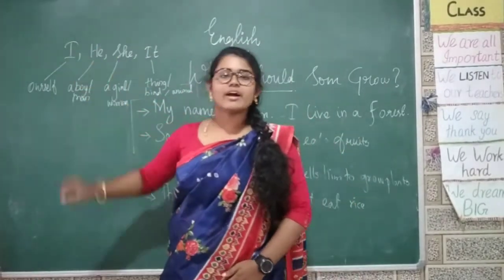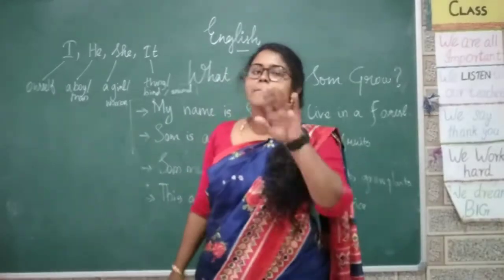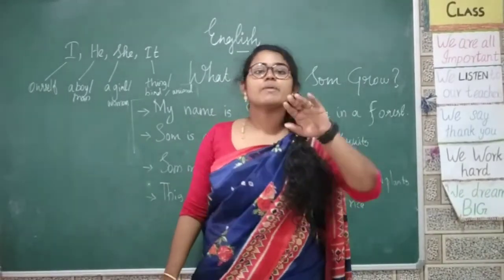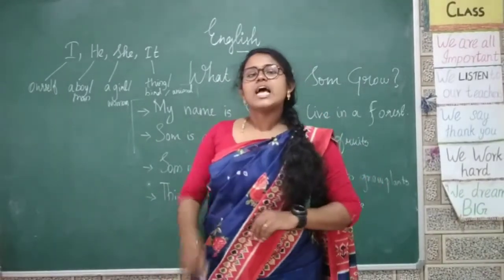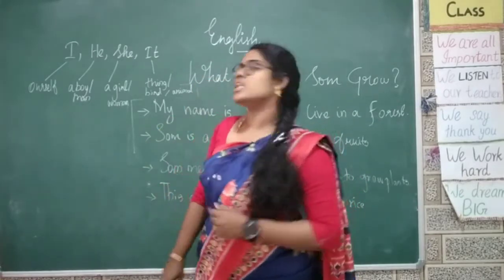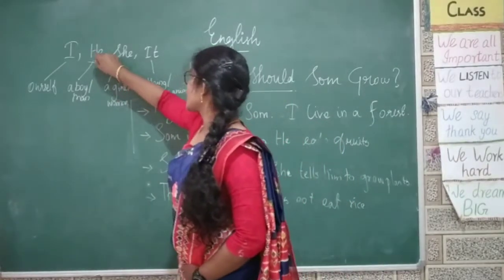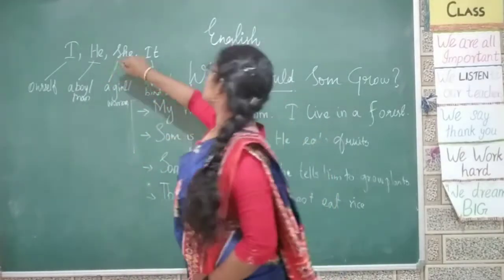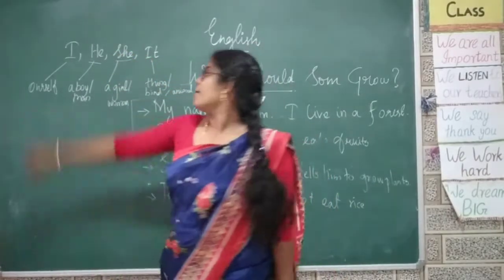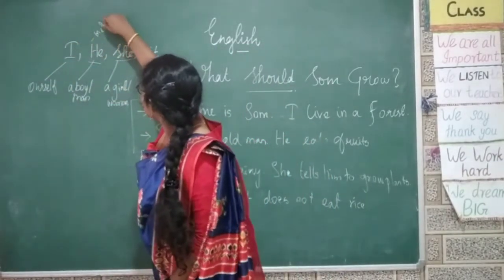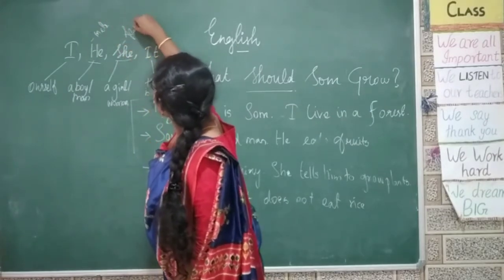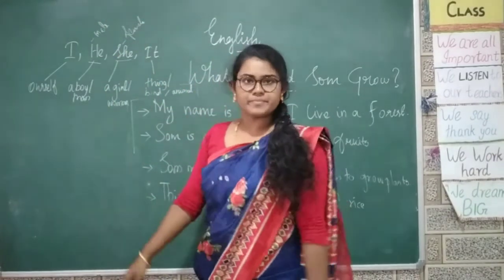Transgender is different. Here we need only 2 genders, male and female. That is meant by gender. Now for male, he. And for female, she. Male, it's he, and for female, it's she.